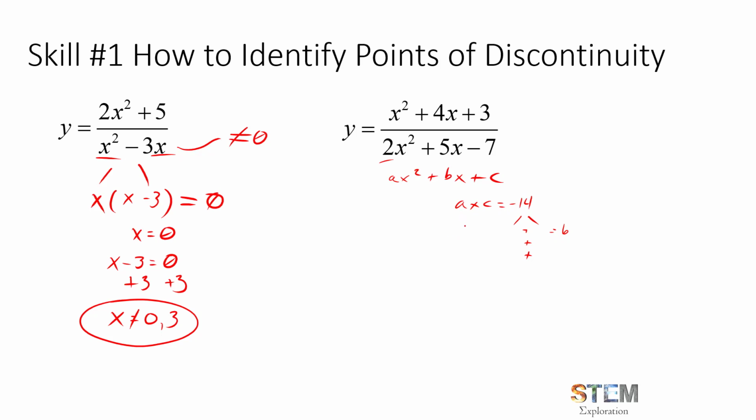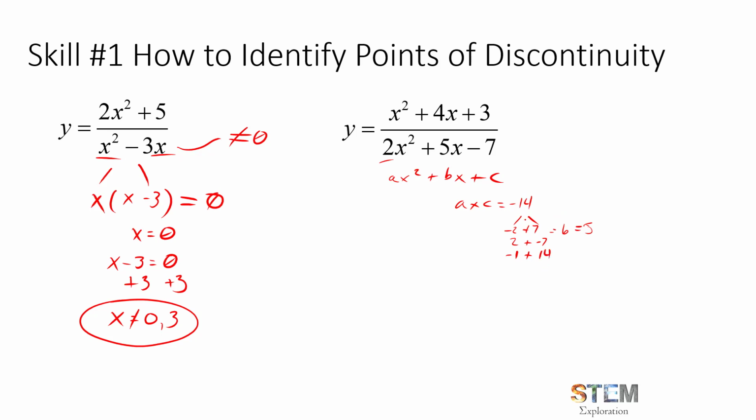So for example, if we go -2 plus 7, we're going to find that this equals the b term, which is equal to 5. If you didn't find it on your first try, you would just look at some of the other combinations. This would give you -5, and let's see, -1 and 14 would give you 13, so those aren't possibilities.